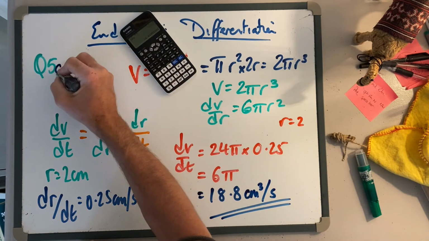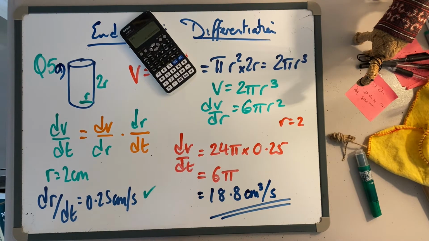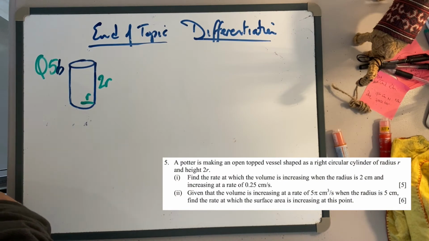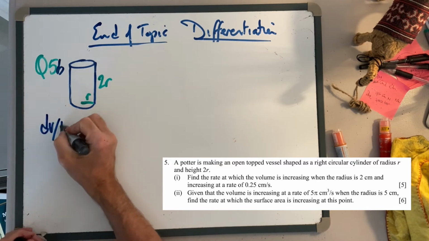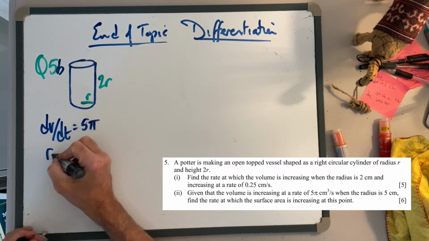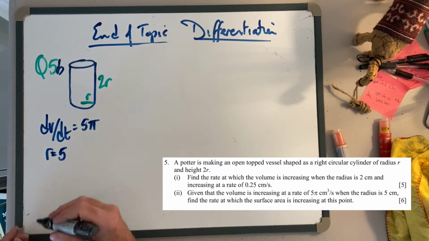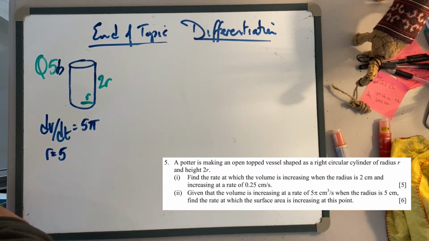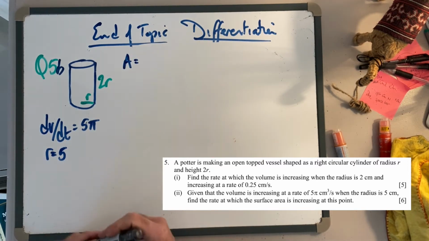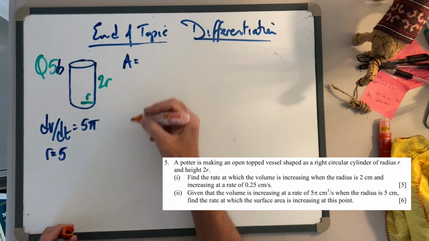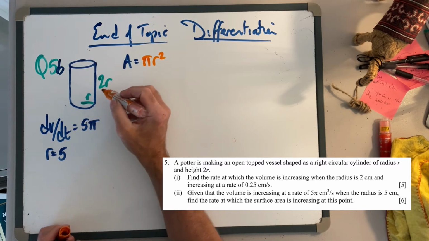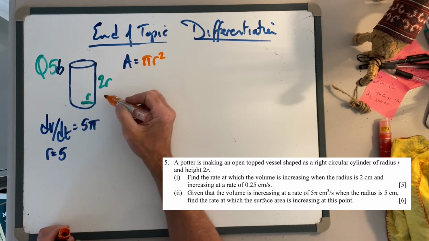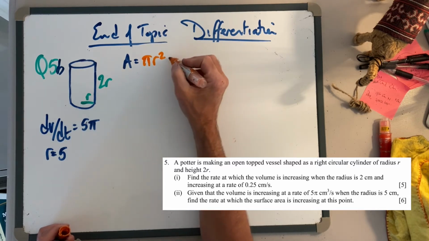So that's part A. Let's now go to part B. It says, given that the volume is increasing at a rate of 5 pi when r is 5, find the rate at which the surface area is increasing at this point. So now I'm introducing the idea of surface area. The surface area is going to be pi r squared, that's the base, the bottom bit, and then the bit around is the circumference times 2r, so that's 2 pi r times 2r, which is 4 pi r squared.